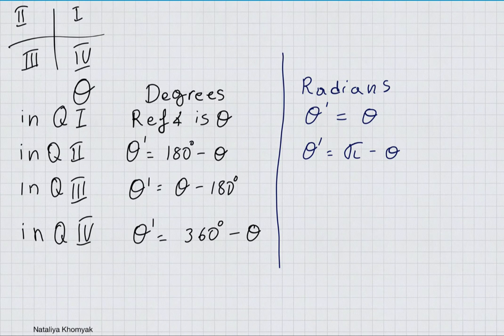In the third quadrant, the reference angle can be calculated by taking the angle and subtracting pi, just like in degrees you subtracted 180 degrees. And in the fourth quadrant, you take 2 pi, which is equivalent to a circle, or 360 degrees, and you minus the angle that you're given. That's all.